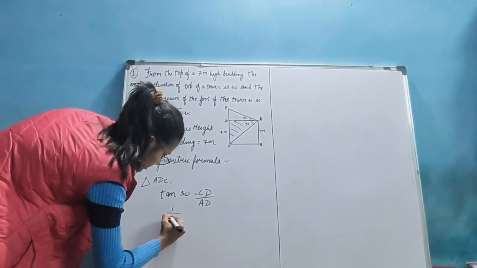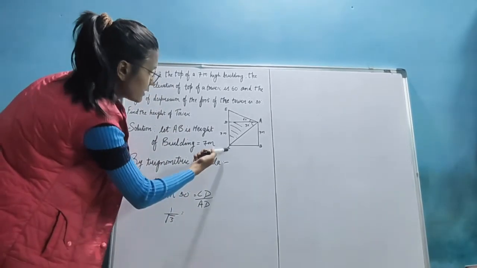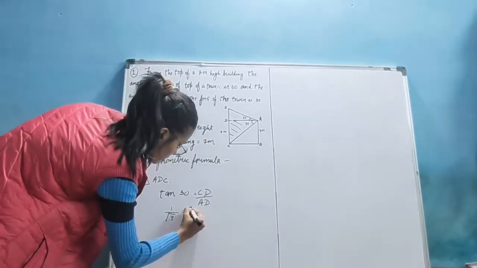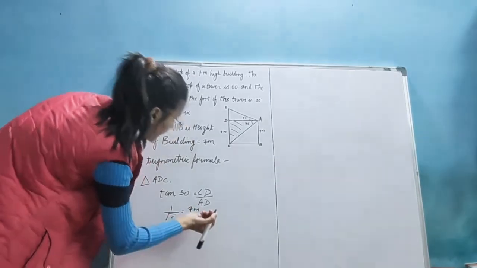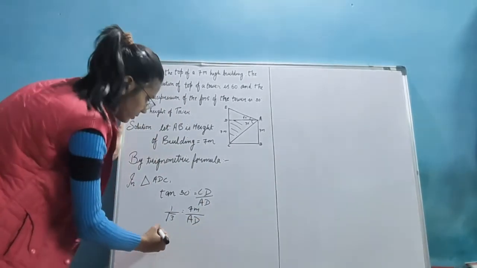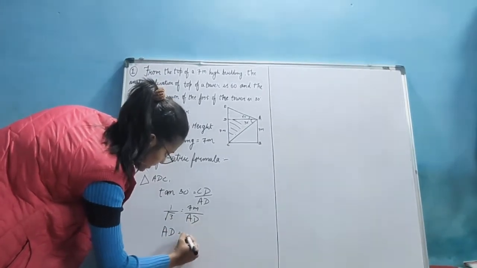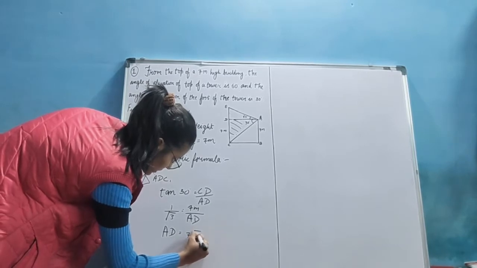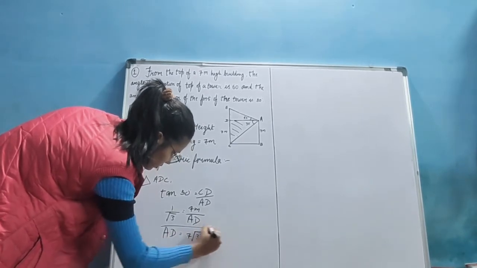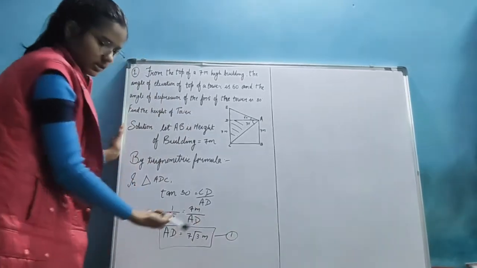Tan 30 is 1 by root 3. CD we know, 7 meter. AD we don't know, so we will write it as it is. So here AD is equal to 7 root 3 meter. I will call it equation 1.